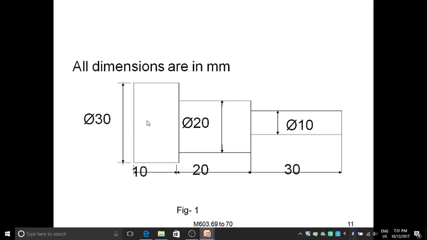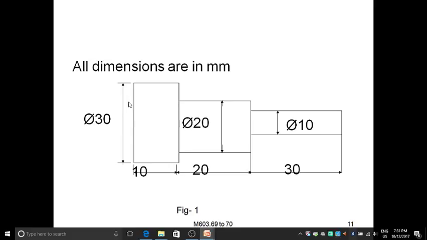So now the 30 mm cross section and the 20 mm cross section are meeting at this junction, right? There is a certain gap, because ultimately this 30 mm diameter and 20 mm diameter are meeting at this location. So there is a certain difference in diameter, so you need to consider that length also.